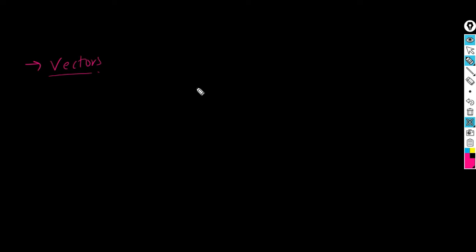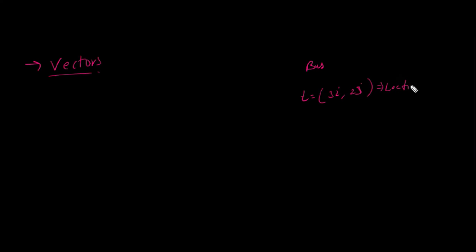Let's consider an example. A bus is there, and some person is given the location of the bus at time t. The location of the bus means the latitude and longitude values, like 32 degrees and 23 degrees. These are scalar values. They only represent the location of the bus.